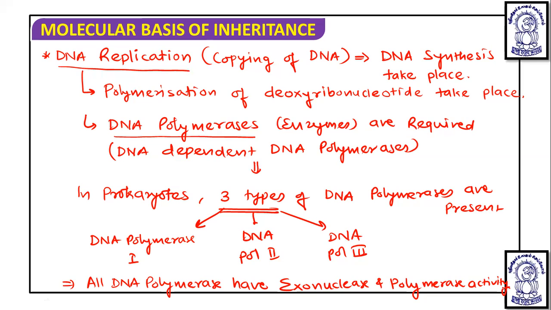Exonuclease activity means removal of a nucleotide from the 5' end or the 3' end. If it starts removing nucleotides from the 5' end of the DNA strand and moves towards the 3' end, then the activity is 5' to 3'. But if it starts removing nucleotides from the 3' end and moves towards the 5' end, then it is a 3' to 5' exonuclease activity. In the same way, if polymerization, the joining of deoxyribonucleotides, occurs in a direction from 5' to 3', then it is a 5' to 3' polymerase activity.